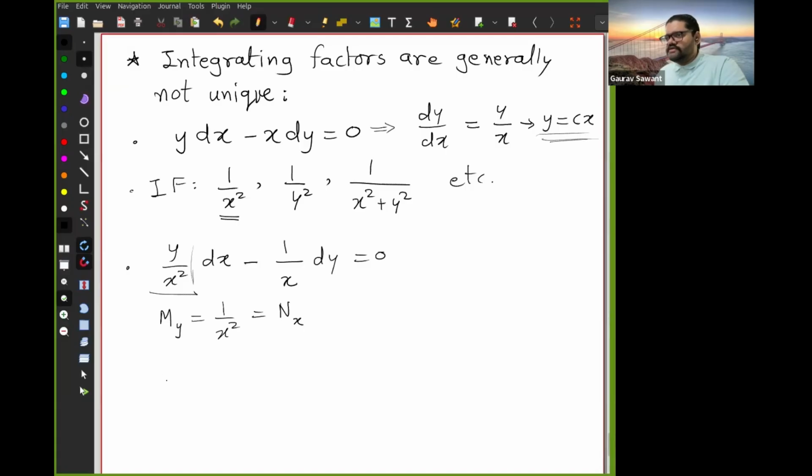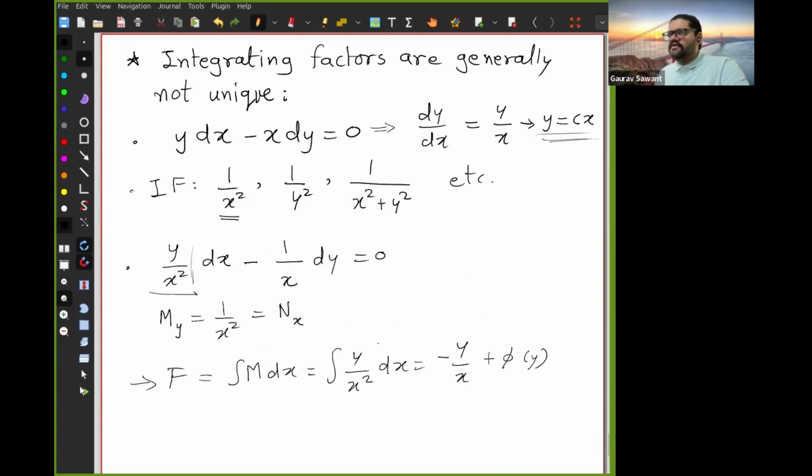So f equals integral M dx, which becomes integral y over x square dx, which becomes minus y by x plus phi of y.